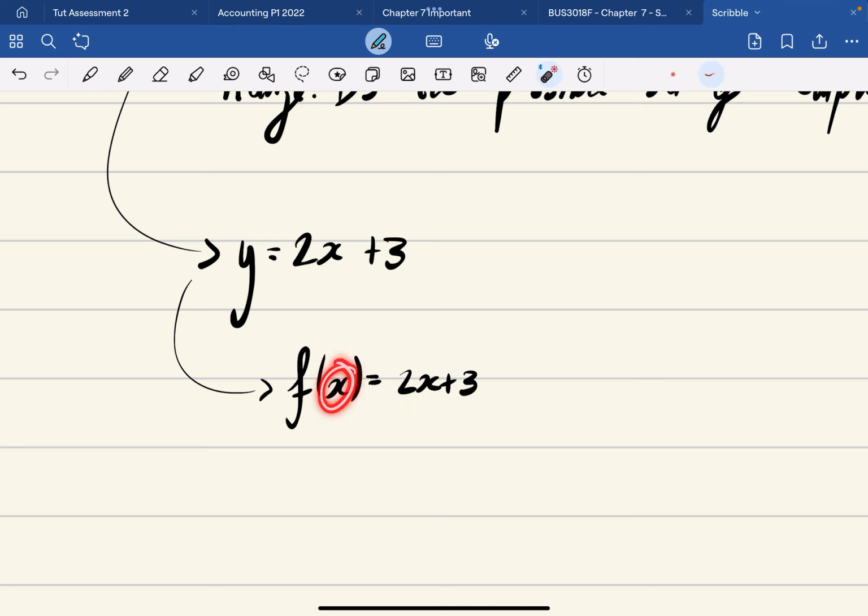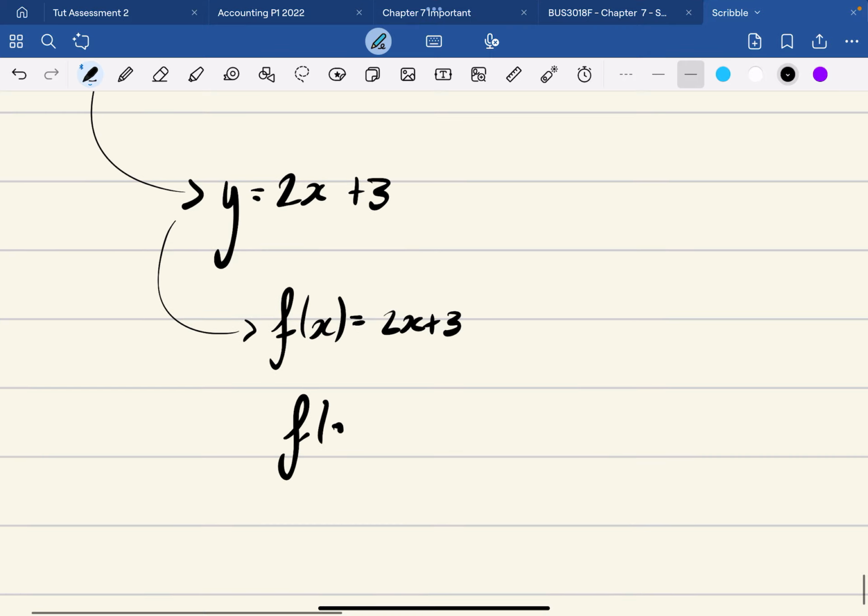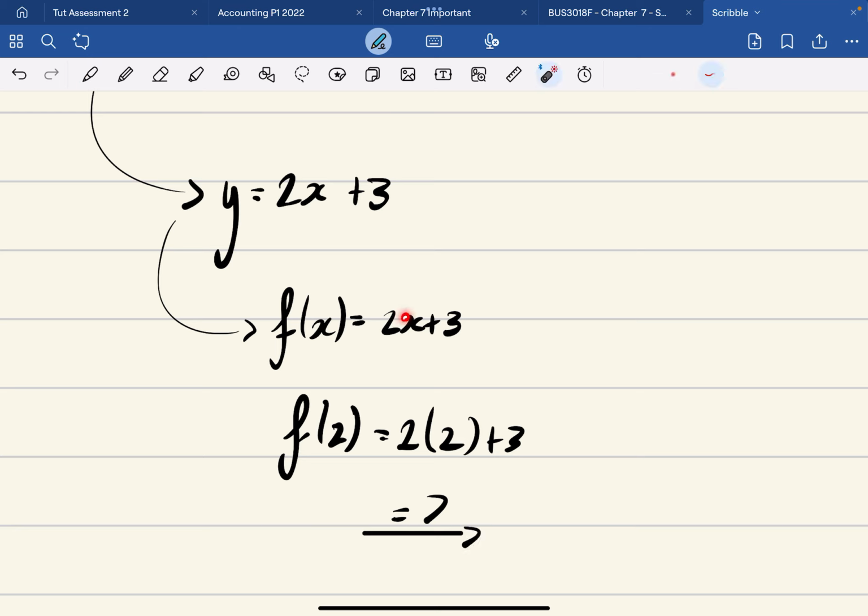So we input an x, it goes into this function, 2x plus 3, to give us our output. So f of 2 is equal to 2 times 2, because now where the x is, there's a 2, so we replace this x with a 2, plus 3 equals 7.